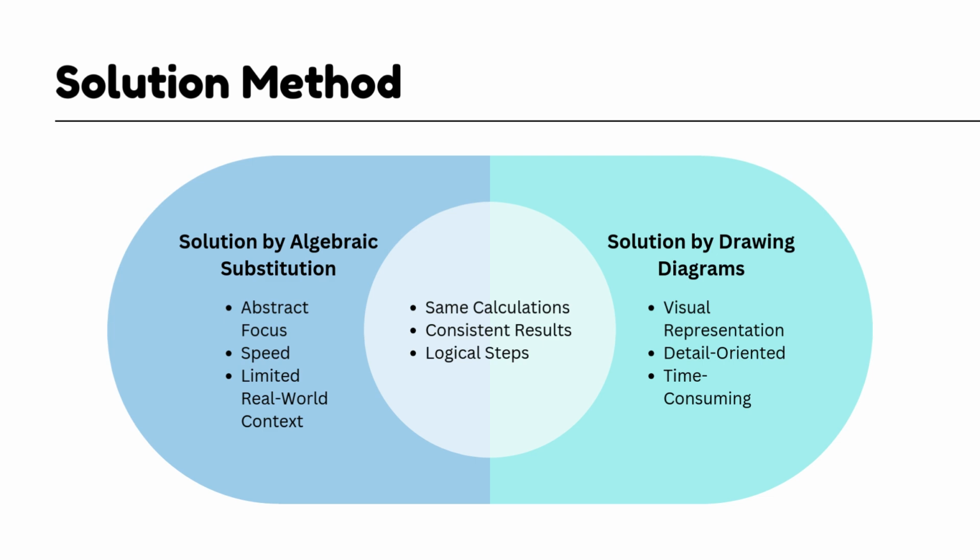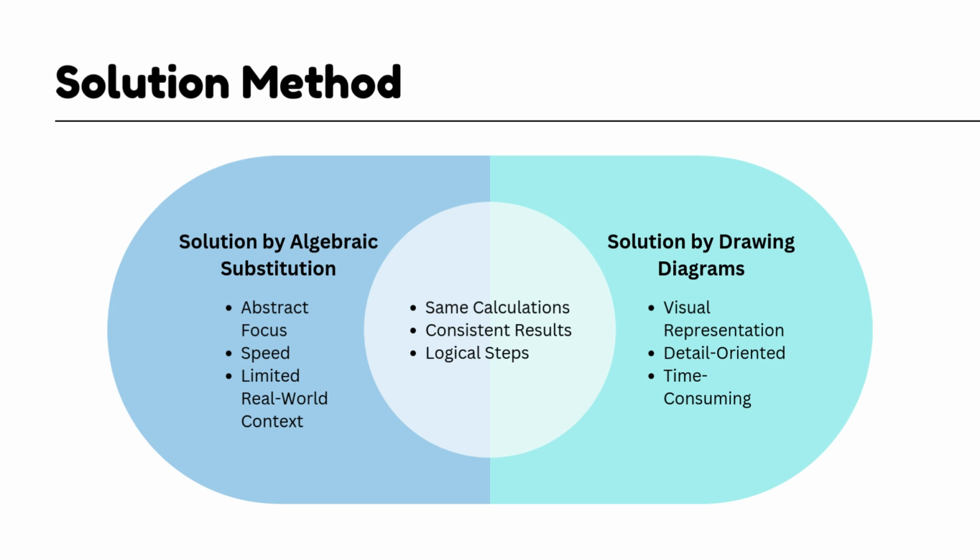Now, let's talk about the differences between these two methods. The algebraic substitution method focuses purely on calculation without showing the layout, making it a faster and more abstract approach. It's ideal for solving straightforward mathematical problems. In contrast, the diagram method provides a visual representation of the park.